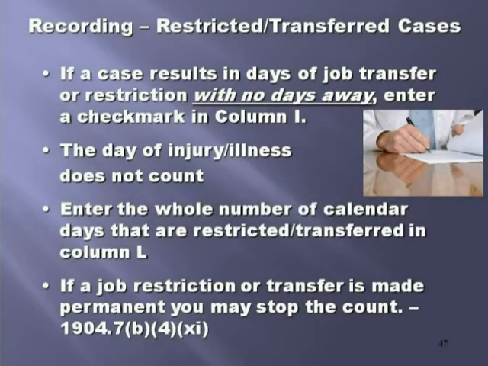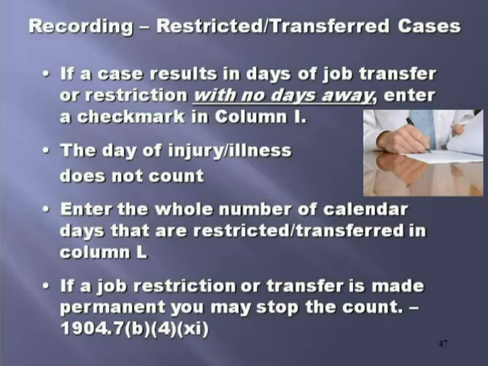Please get out your OSHA Form 300. If you do have a case resulting in job transfer or restriction only with no days away from work, then you would enter a check mark in column I, a case with job transfer or restriction. On your OSHA log, I would ask all of you under column I where it says job transfer or restriction to add the word only.